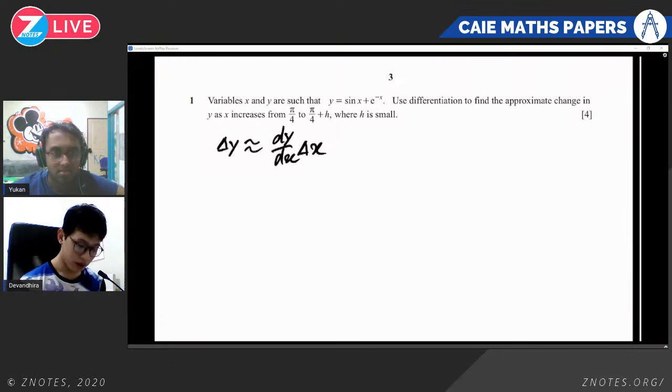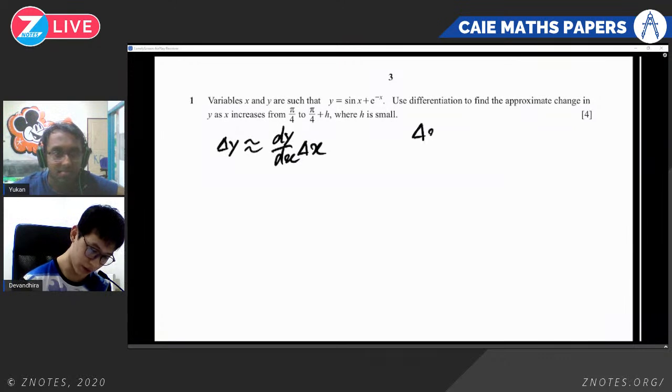So from here, we can see the change in x is basically just h, because the difference between pi over 4 plus h and pi over 4 is just h itself. Is that correct, Yukan? Yeah. All right.